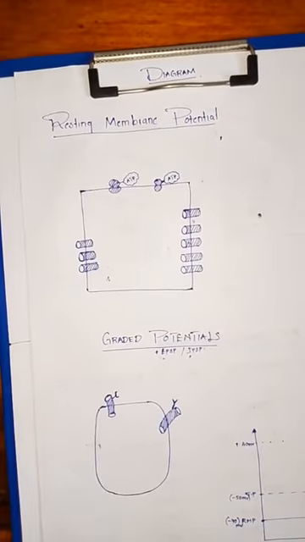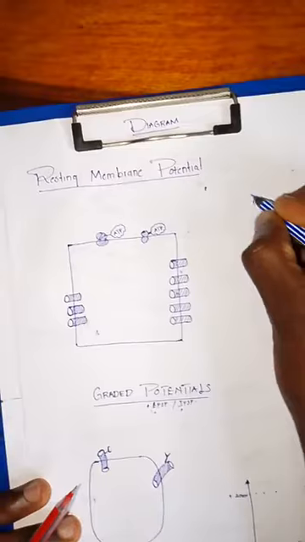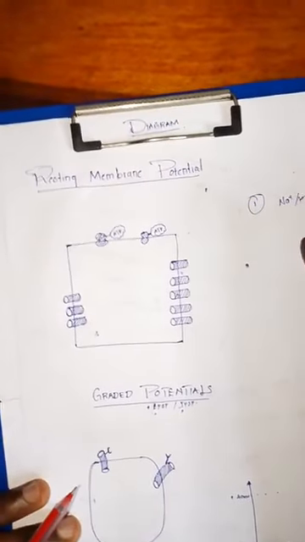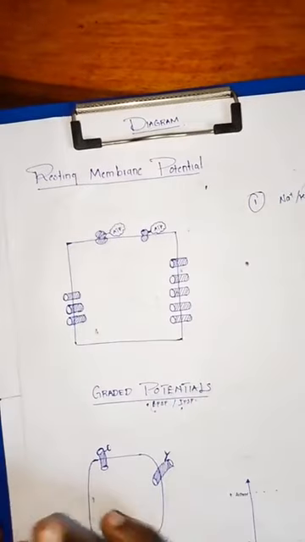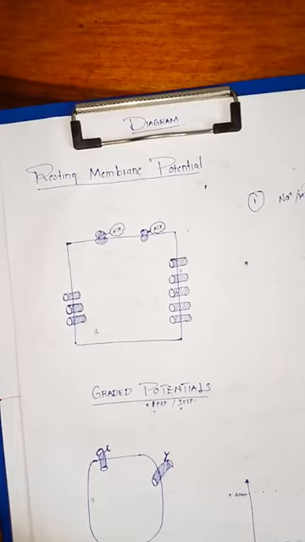The first factor that we are going to talk about is the sodium potassium ATPase pump. These sodium potassium ATPase pumps are basically channels that allow the pumping of ions into the inside of the cell and also outside of the cell.